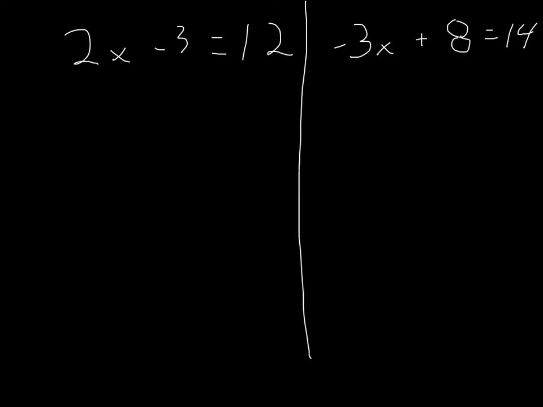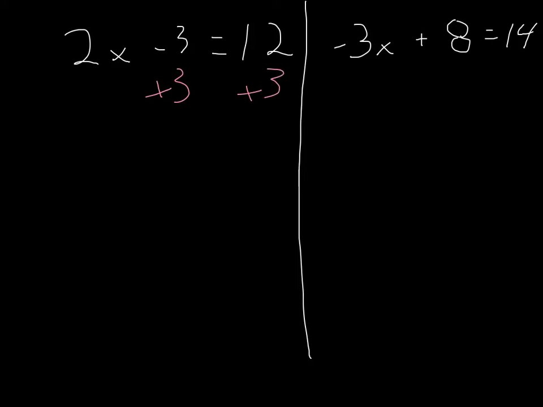So for example, right now we see that x is being multiplied by 2, and then 3 is being subtracted from this total, and all this equals 12. So since I see that the x is being multiplied by 2 and then 3 is being subtracted from that, I'm going to undo the negative 3 by adding 3 to both sides.